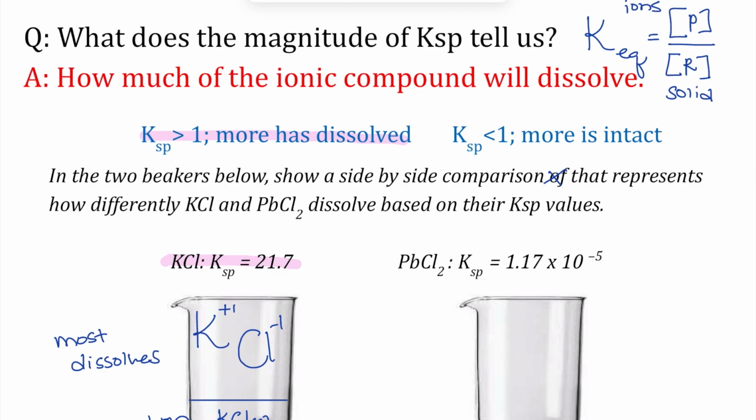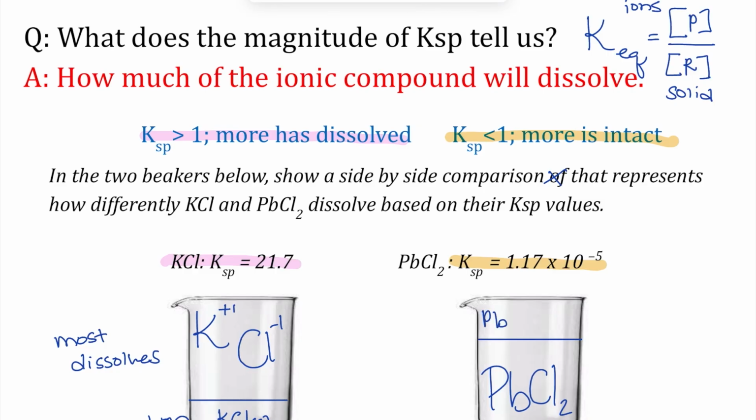As we're looking at that PbCl2, this KSP value is less than 1. Anything with a negative exponent is going to be less than 1, which means that more of that is intact as a solid. That means the number on the top is smaller than the 1 for our solid on the bottom. And so that solid is going to be favored. And so as we're looking at this, I've got that PbCl2 solid, and that's going to take up more space in my beaker. But I am still going to have some that dissolves.